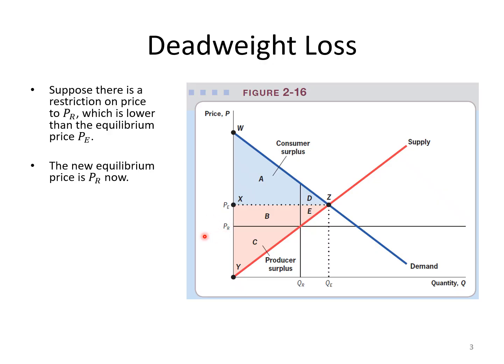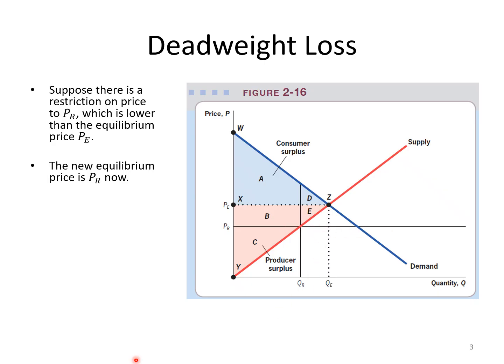So for instance, in the 1970s, the government put a maximum price on gas. And this led to long lines, if you've ever seen those videos. And why did it lead to those long lines? Well, with this lower price than the equilibrium, consumers would like to have this amount of gas, but the producers are only producing this, and that leads to a shortage of this amount.